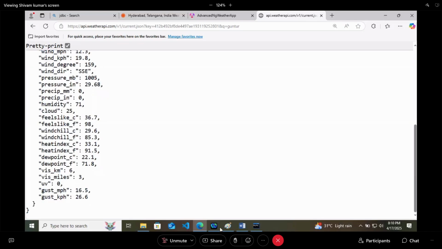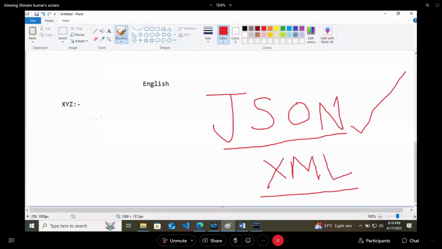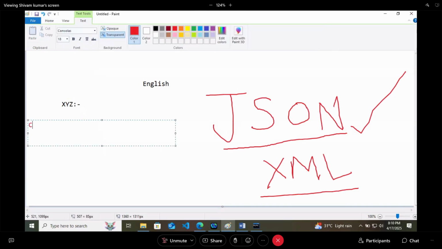There is one module in Spring Boot that creates APIs. I will teach you how you can create APIs also, so that you can sell APIs too. We'll see that.